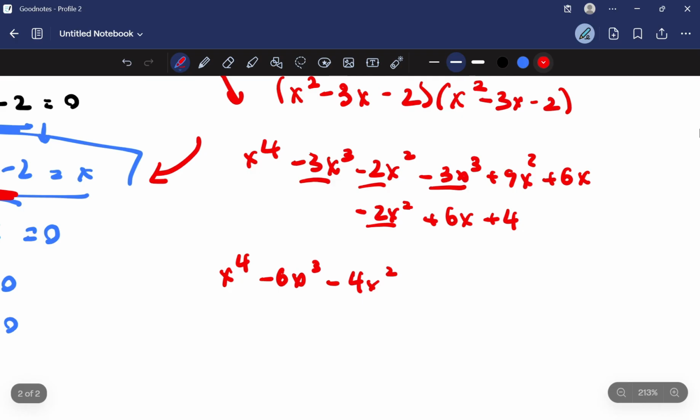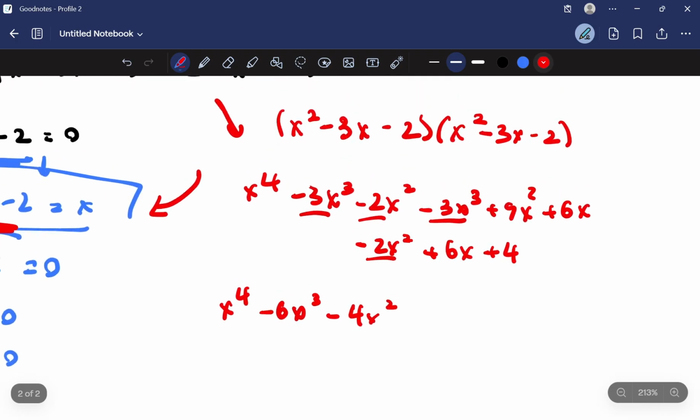Let's see where I went wrong here. So x squared times x squared. This is right. That's right. That's right. These look right.